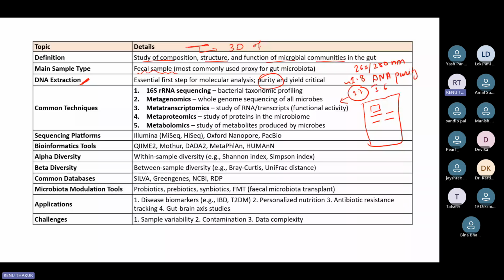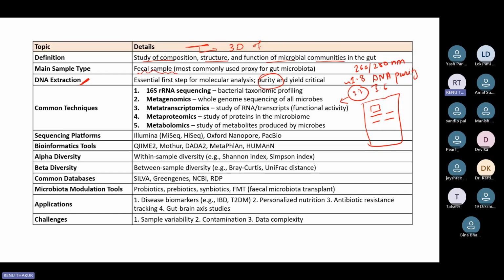If your ratio is less than 1.8, you are having protein contamination. If your ratio is more than 2.0, you are having RNA contamination. So that is not a good thing in molecular biology, because you need the proper ratio of DNA.